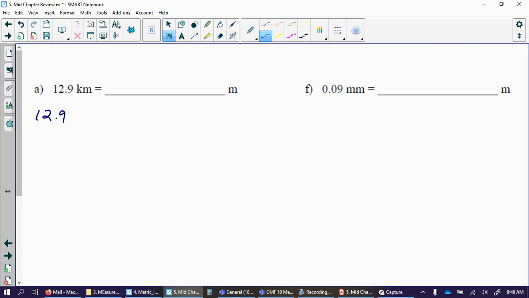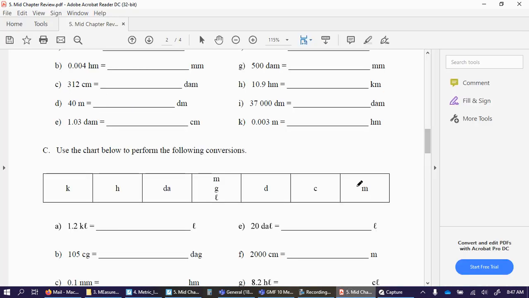So 12.9 kilometers, 3 steps, times 1,000 is 12,900 meters. Save. Millimeters to meters is going in the opposite direction. A very small amount of millimeters. Again, this one happens to be, I go here, 3 steps.